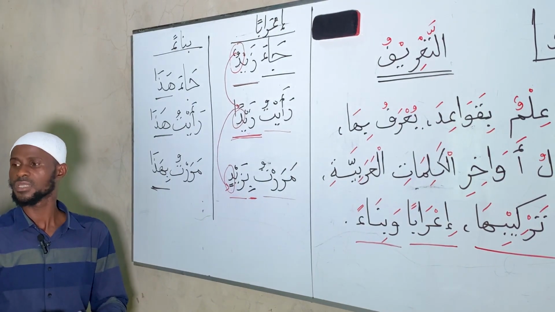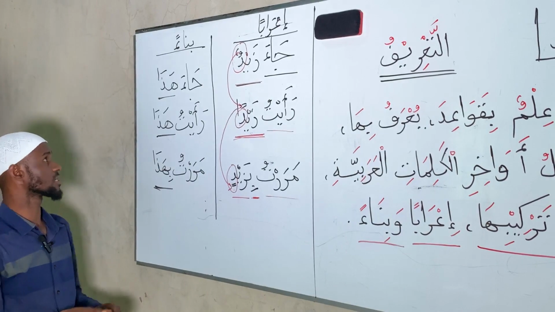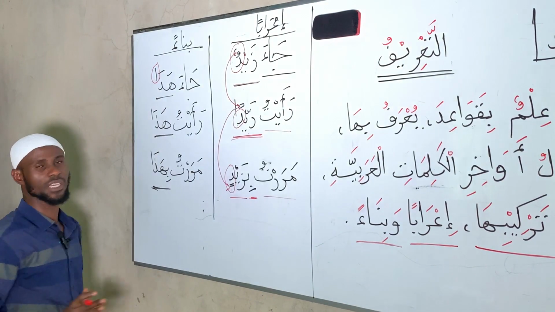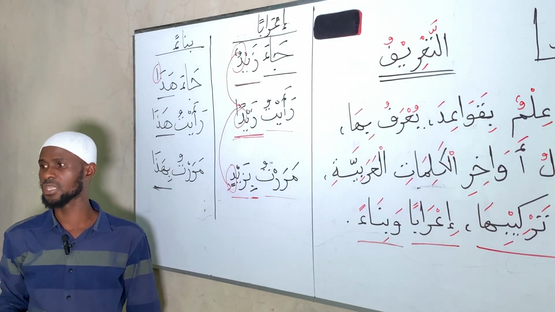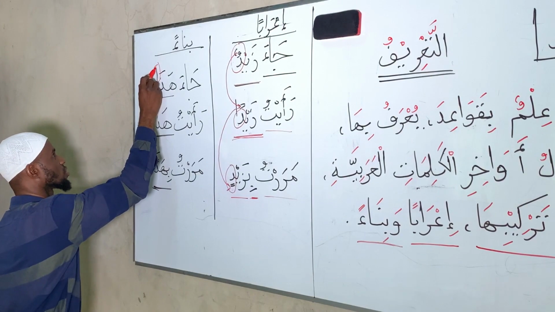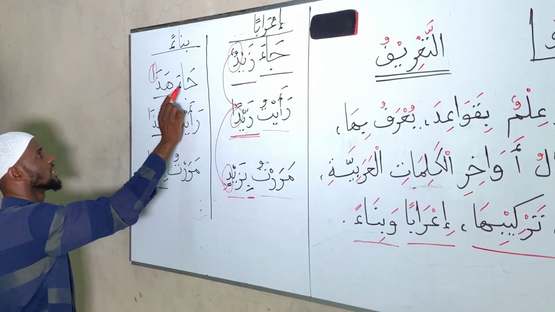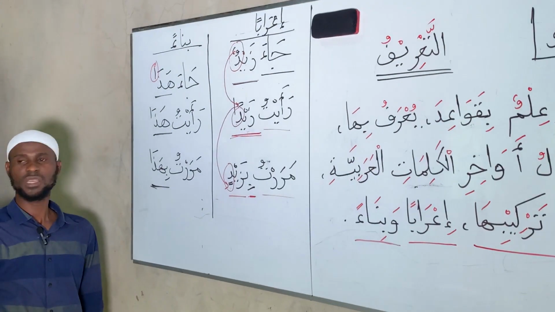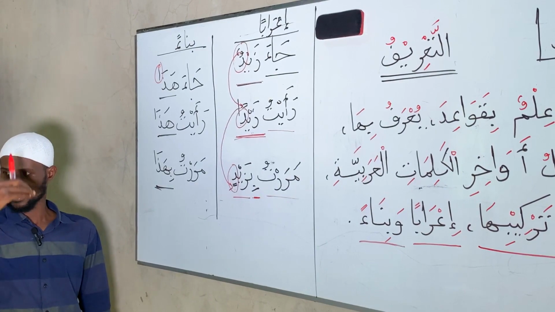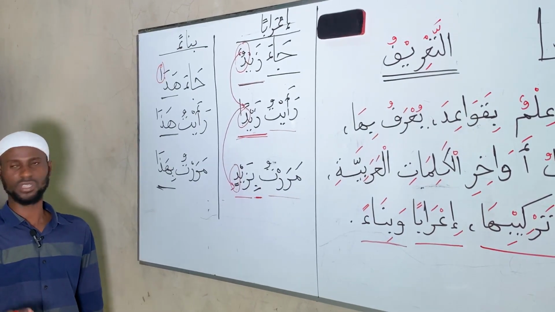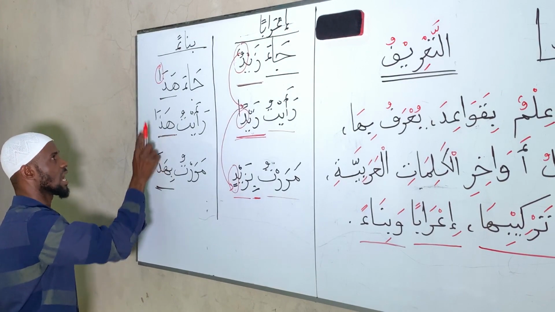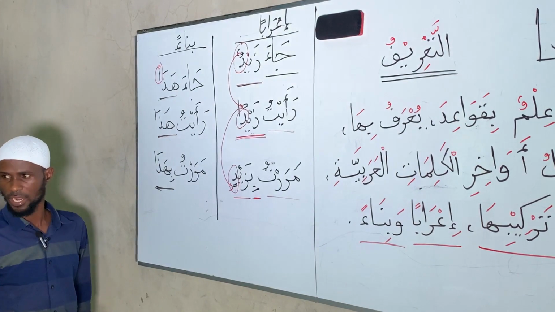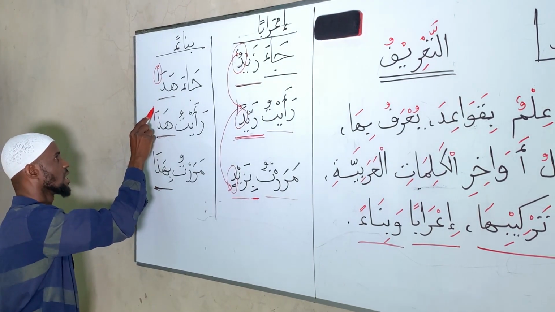The letter that ends the word hadha is alif. And what is alif taking here, if I may ask you? Alif is taking sukun. So let's give it a sukun here. So Ja'a hadha, this came, the alif is taking sukun. That is, it is al-bina. That is, it is stagnant. It's not changing. How do we know it is stagnant? When the hadha, which was subject here, is coming to the object position here, it is still hadha.